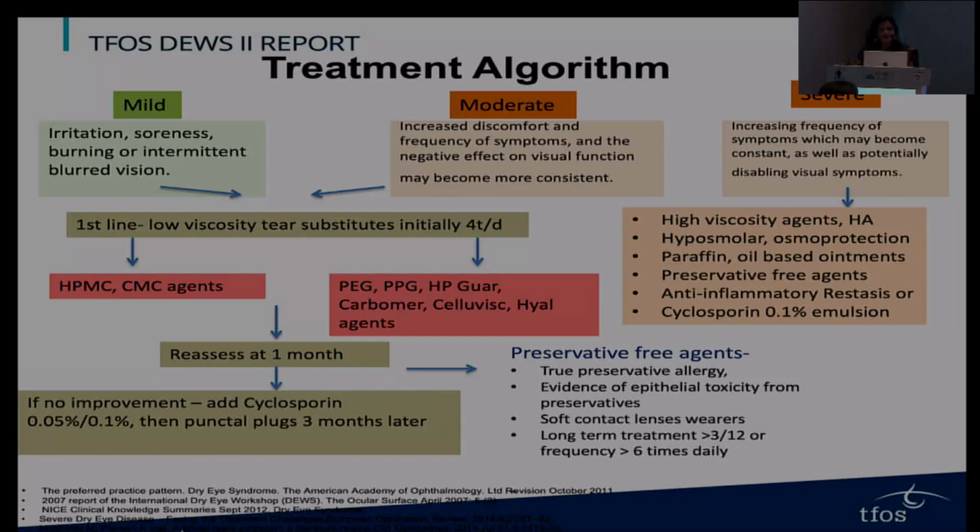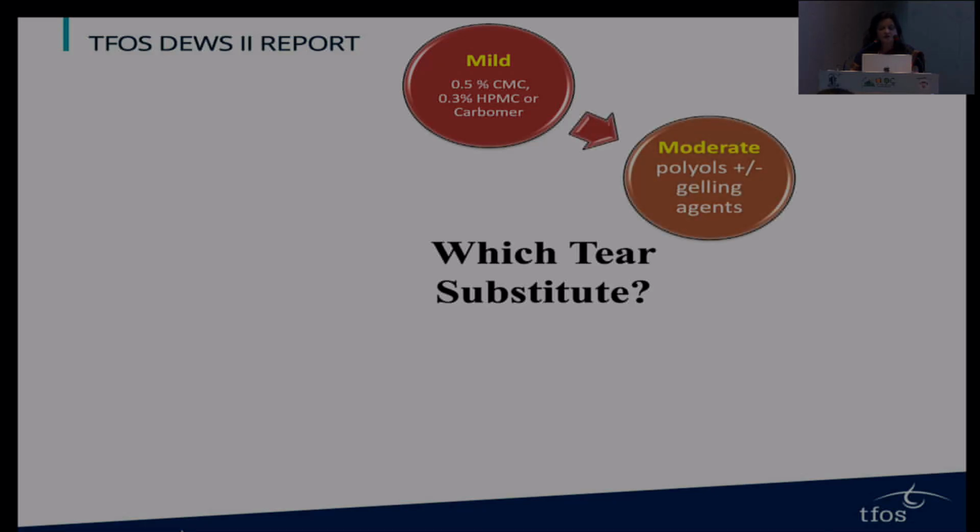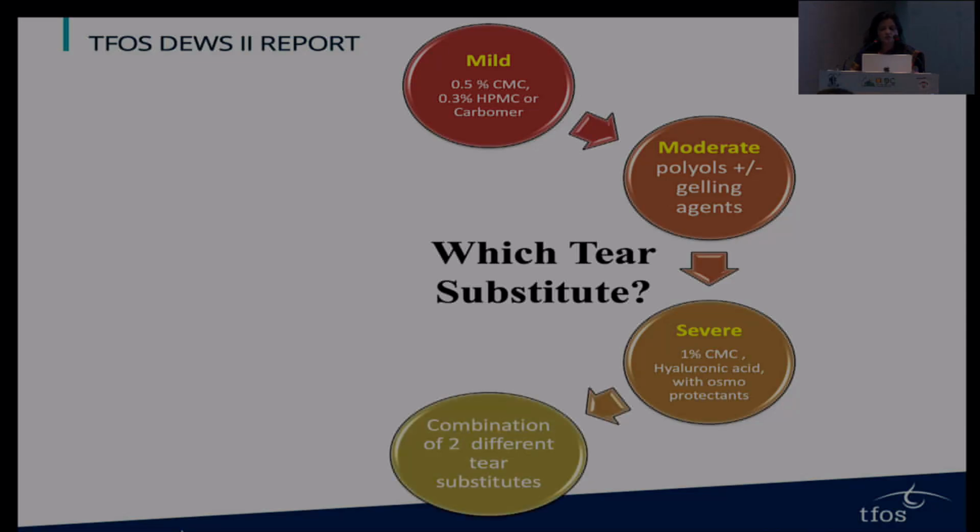The dry eye could be mild, moderate, or severe, and depending upon the severity, if it is mild, you start with 0.5% CMC or 0.3% HPMC or carbomer. If it is moderate, then polyols or gelling agents. If it is severe, then 1% CMC or hyaluronic acid with osmoprotectants.